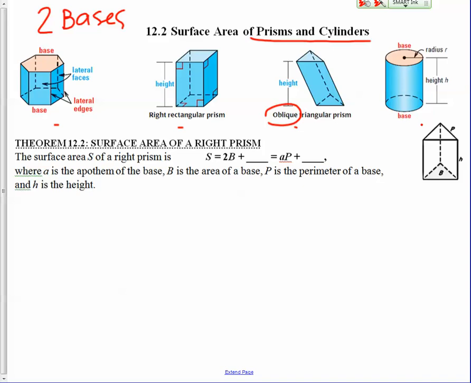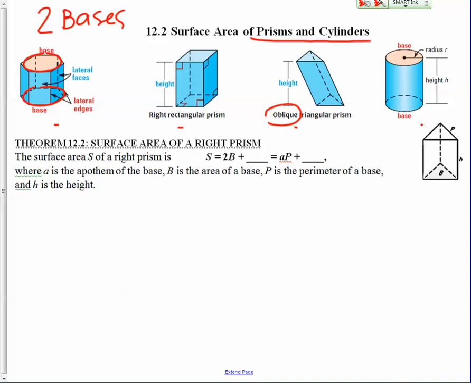But if there are right prisms or cylinders, meaning they are raised up vertically, you will have rectangles as lateral faces. So here's the vocabulary. Bases are on the top and bottom, and lateral faces are the ones connecting the bases. The height is the perpendicular distance between the bases.